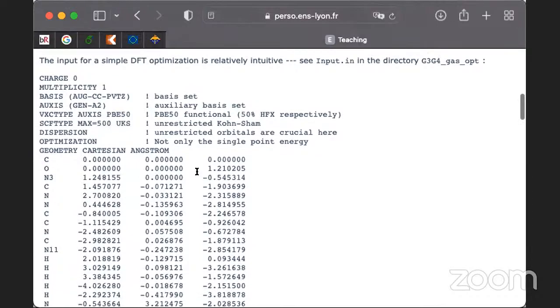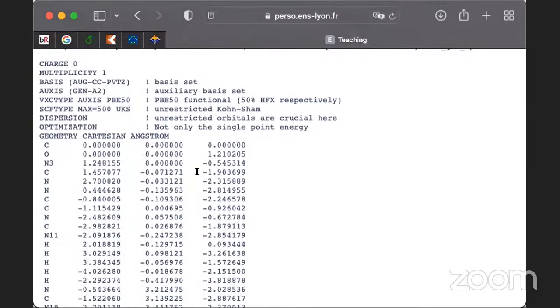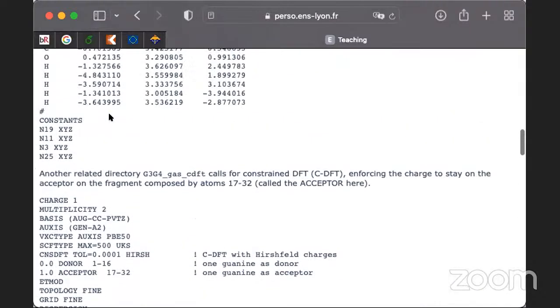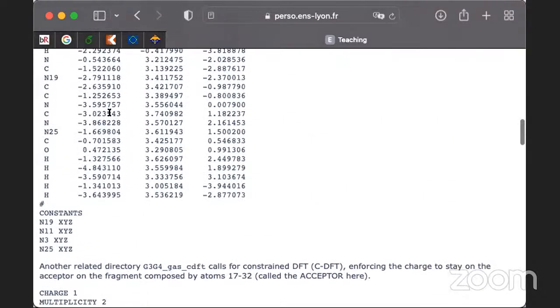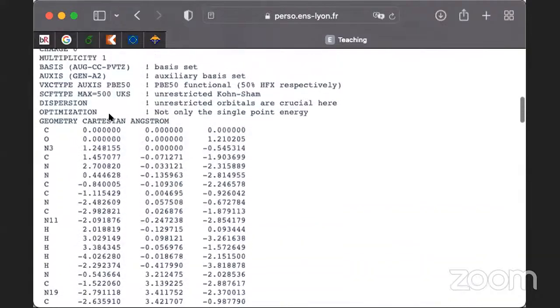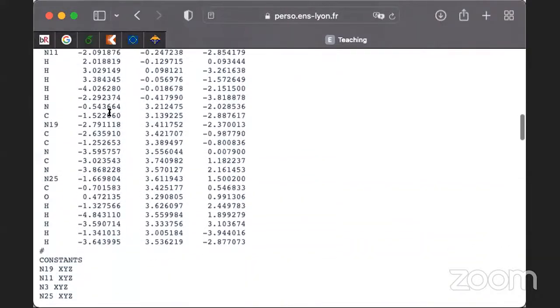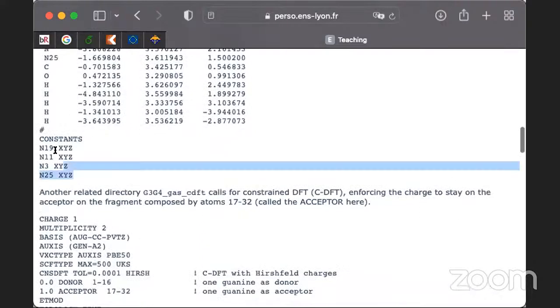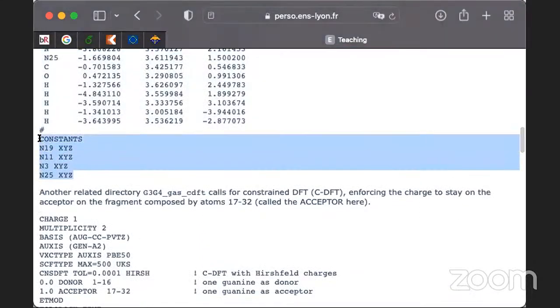You have one input for the neutral guanine, charge 0, multiplicity 1, and the same one with charge 1, multiplicity 2. We have a first estimate of the ionization potential for this system. It's quite small, but you can see here we have a bit of a constraint on it. I chose the one where the input is relatively straightforward.